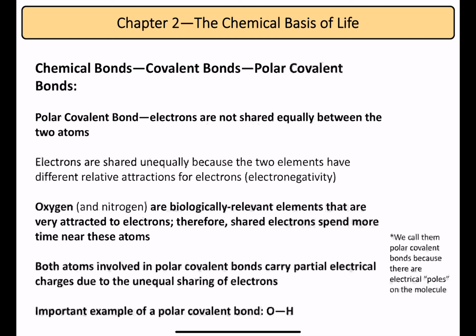They both want it, but sometimes one of the atoms is stronger than the other, so it pulls those electrons closer to it. That is the type of bond we're talking about here, where one atom has a stronger pull or affinity for electrons. So polar covalent bonds involve a pair of electrons that are not shared equally.